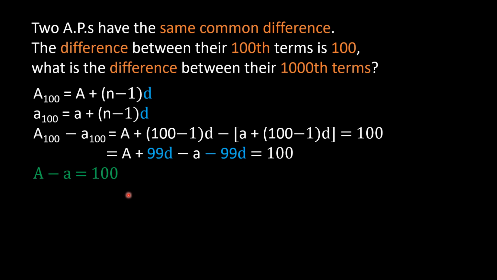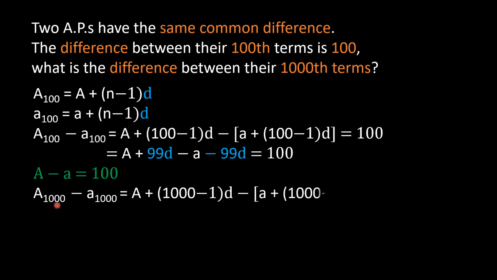Now we will find the difference between the 1000th terms. So it will be capital A1000 minus small a1000, which will be capital A plus 1000 minus 1 into D minus small a plus 1000 minus 1 into D. We will simplify this.